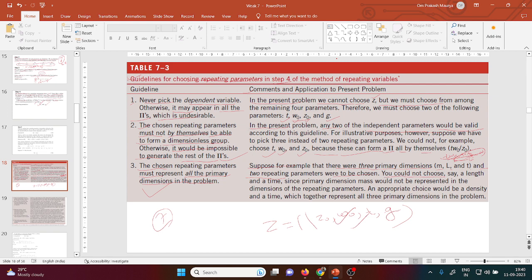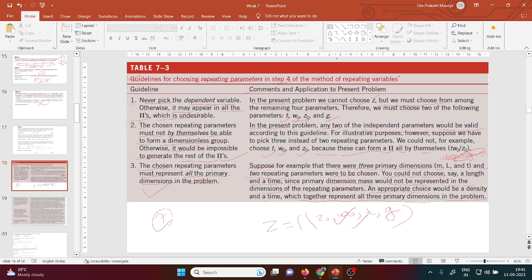You could not choose, say, length and time, since the primary dimension mass would not be represented in the dimensions of the repeating parameters. An appropriate choice would be density and time, which together represent all 3 primary dimensions in the problem.